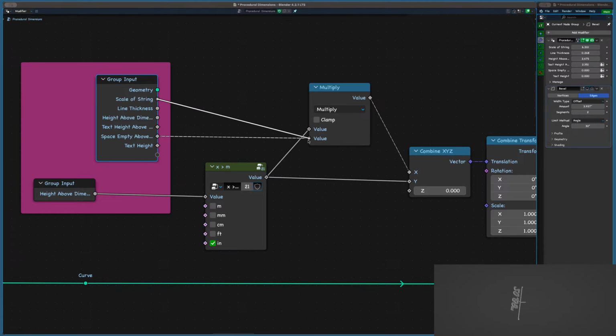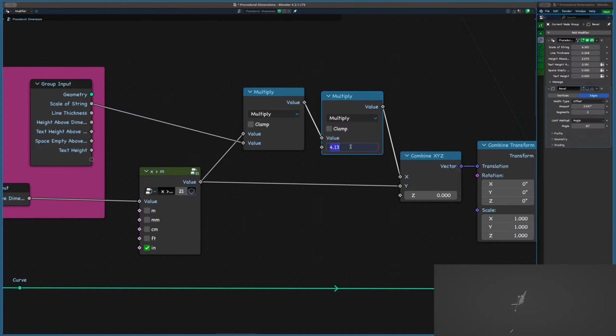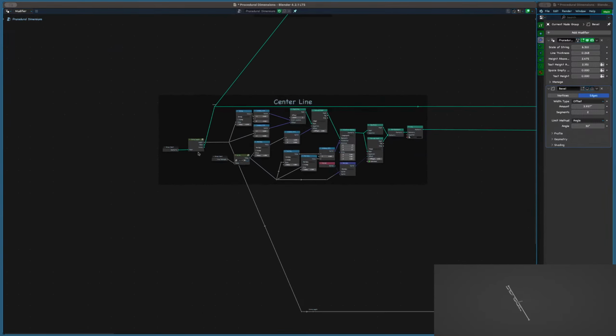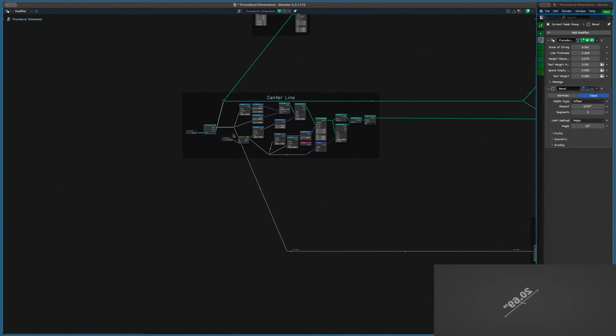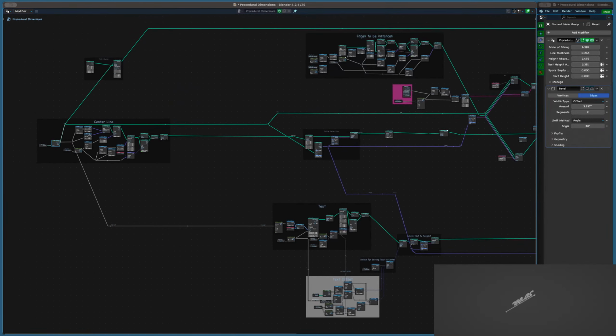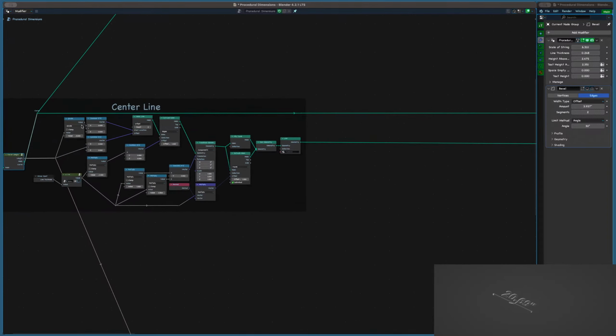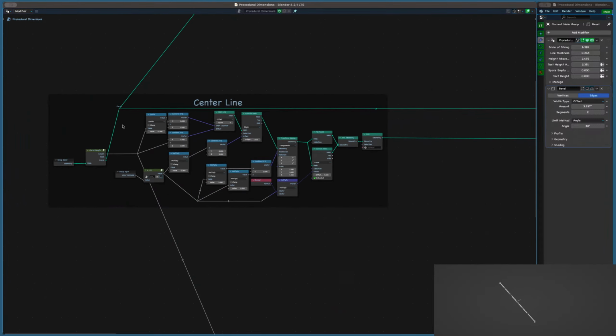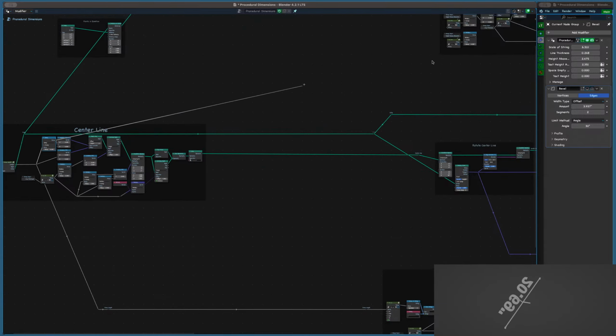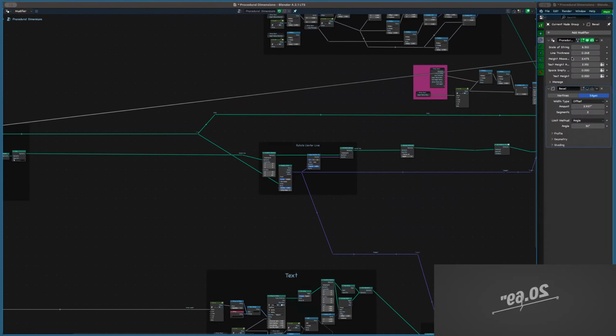If I take the original, thickness. That's always going to be a difficult one though. So we're going to take that length. I believe if we take this one, it should work.